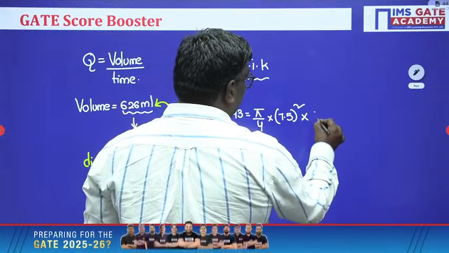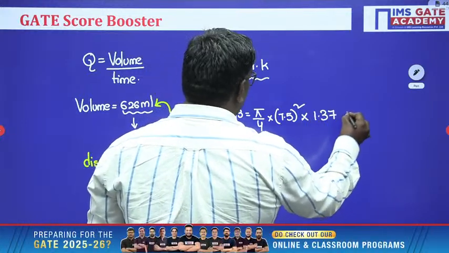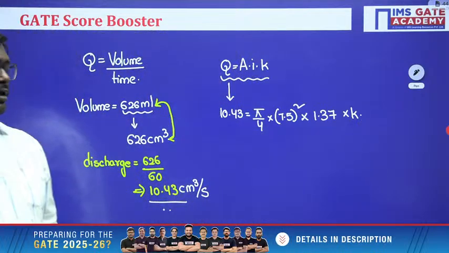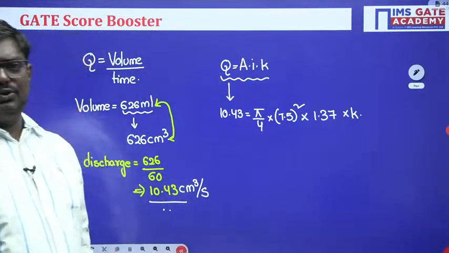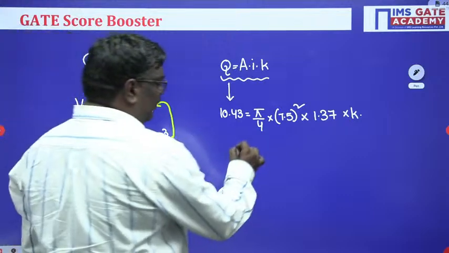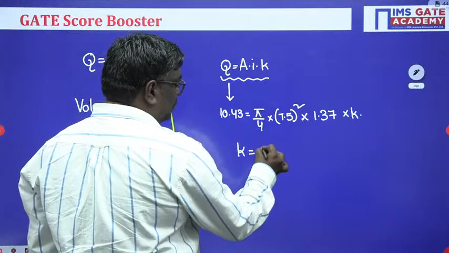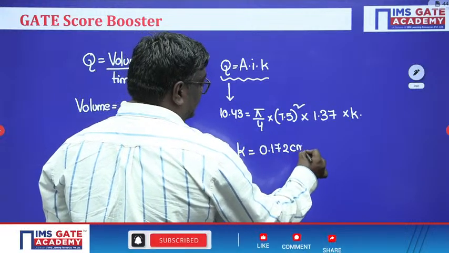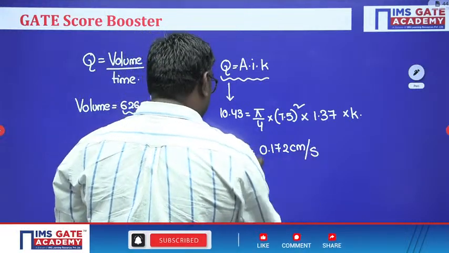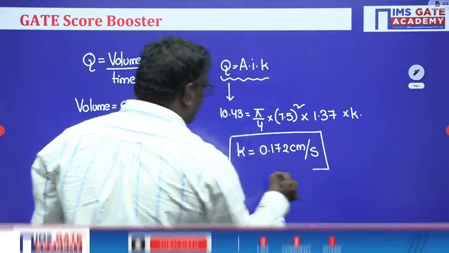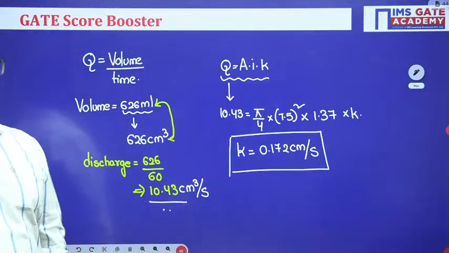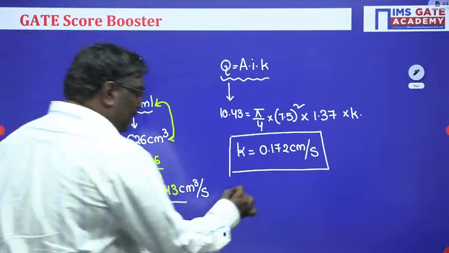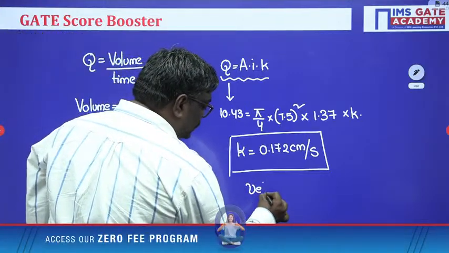Into i is 1.37 into k. So, my dear students, if you solve this, you will get the value of k as 0.12 centimeter per second. But in the problem, they have asked you velocity also.